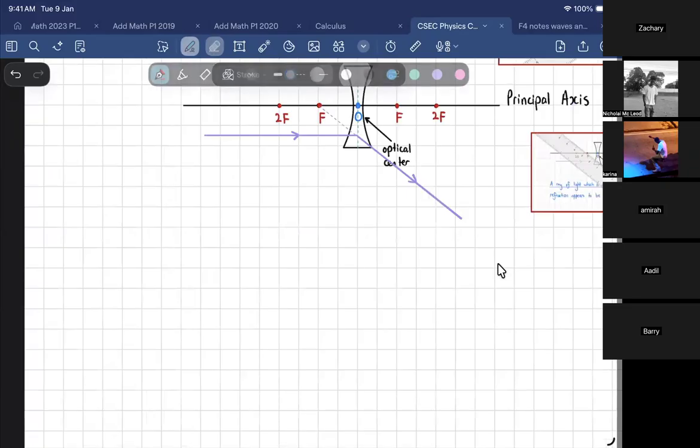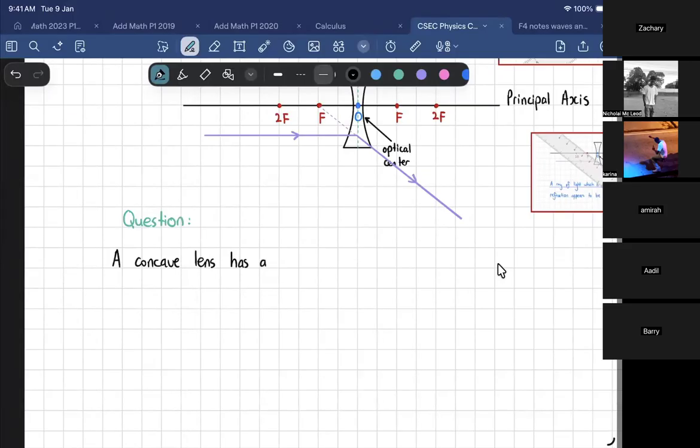And you all are going to draw this in your books. Question: A concave lens has a focal length of 4 centimeters.